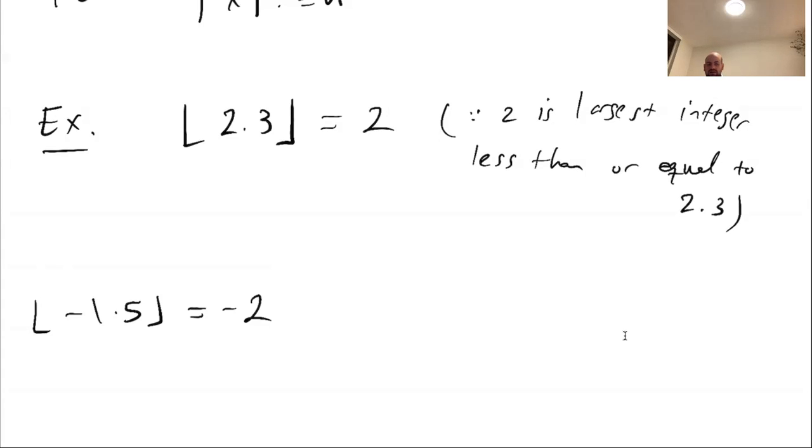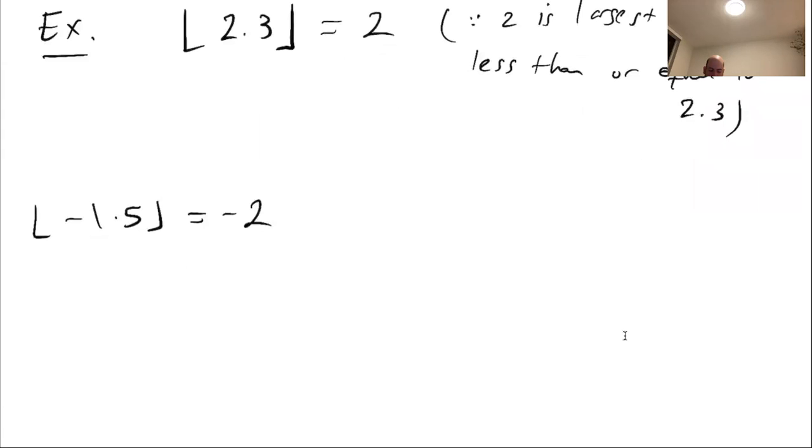It cannot be minus 1 in the case of minus 1.5, because minus 1 is not less than minus 1.5, it's bigger than minus 1.5. We have to choose among the integers that are less than or equal to x, and choose the largest one. Minus 1 is not one of those integers in this case. Minus 2, however, is one of them and is the largest one.